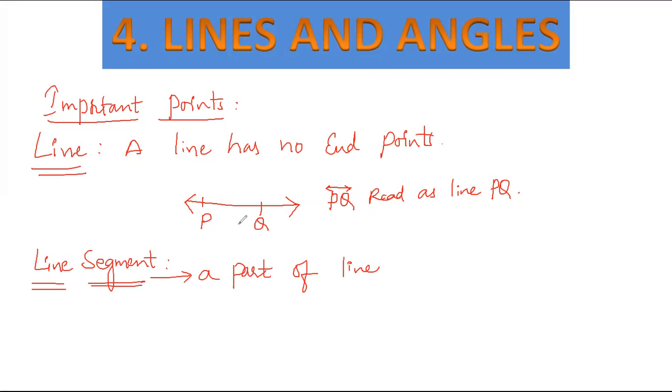In the above diagram, if I take only a part of line like this, which has two end points. What are the two end points in the picture? P is one end point, Q is another end point.